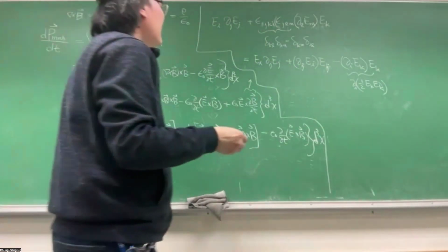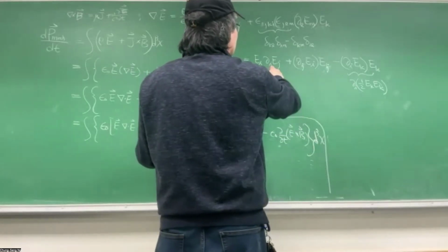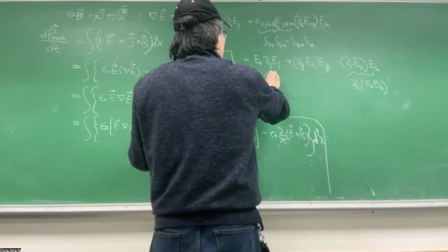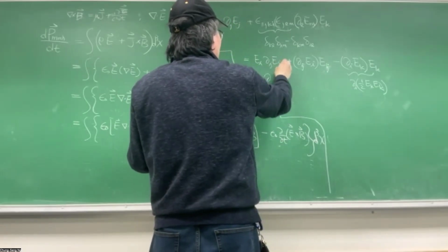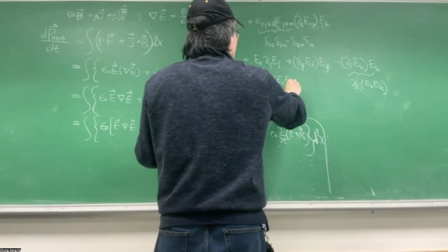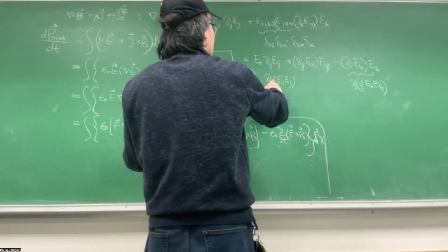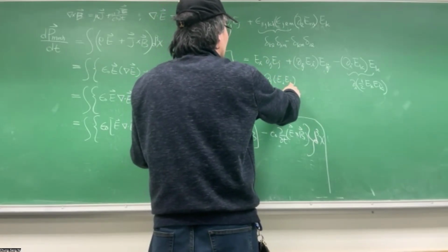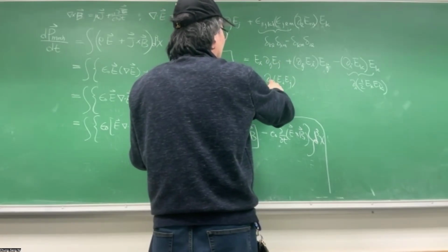Now we can simplify that like integration by parts. So you have partial j, E_i E_j. The first term you take the derivative over this one, and the other term is the derivative of this one.